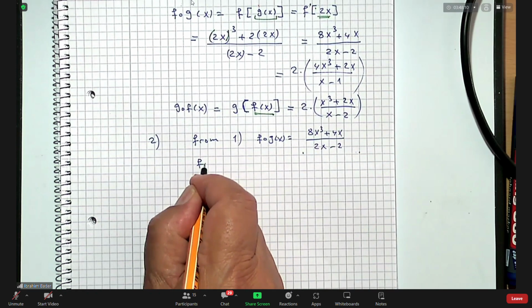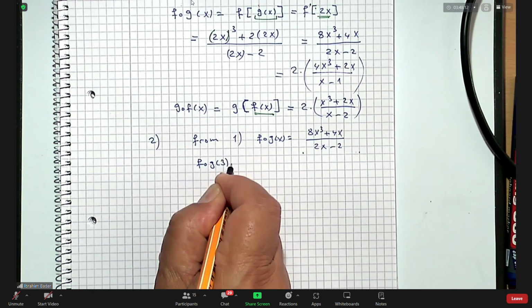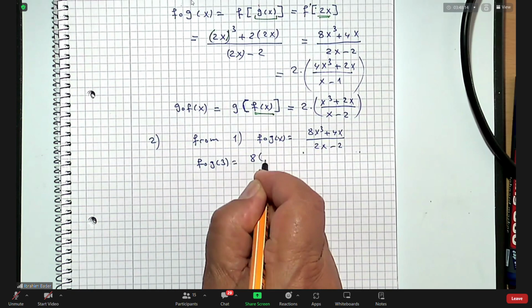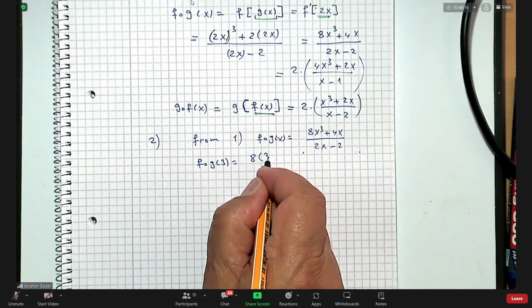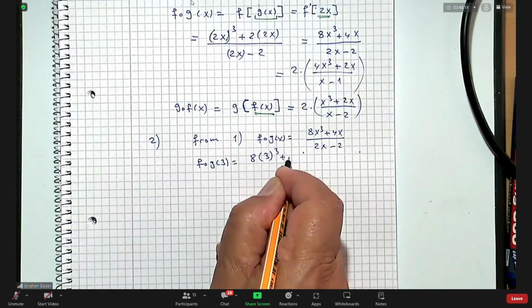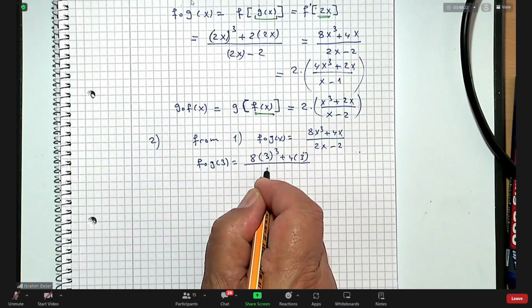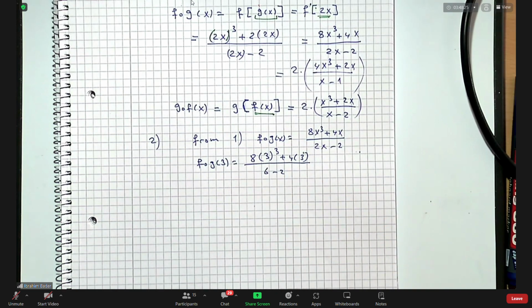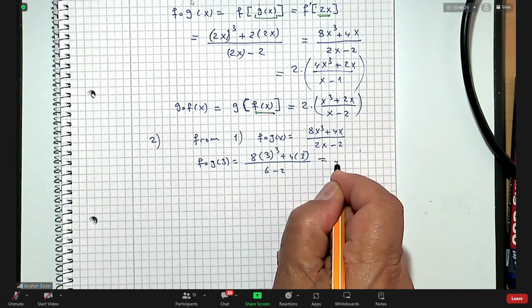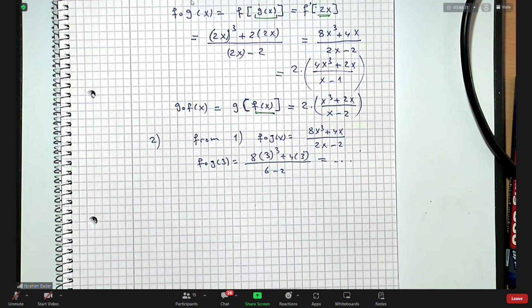So f composite g of 3 equals 8 times 3 to the power 3 plus 4 times 3, wherever I have x. I'm not going to calculate it. You just plug in. There's no need to evaluate it again, you have it up there. I use this formula.